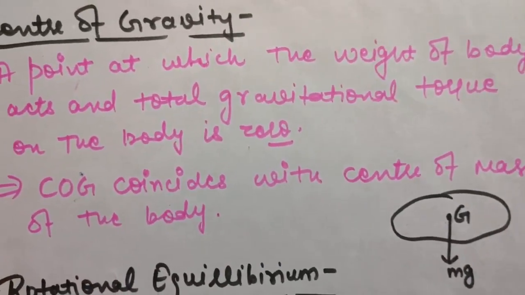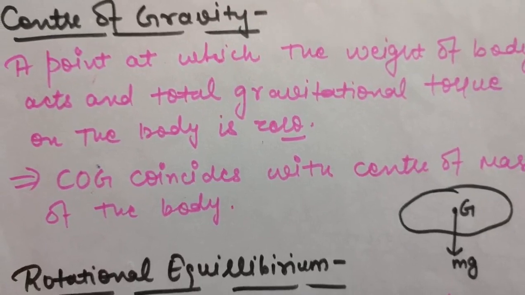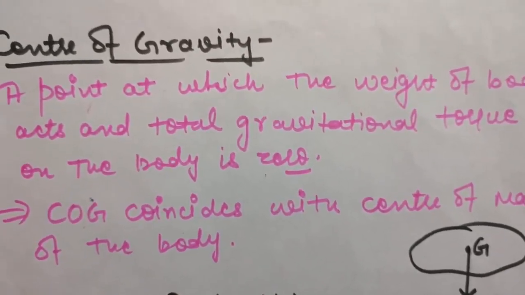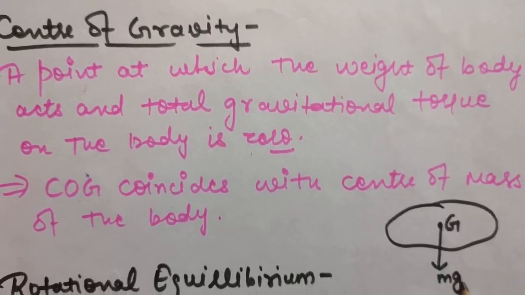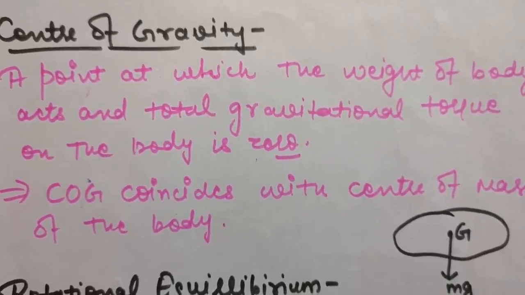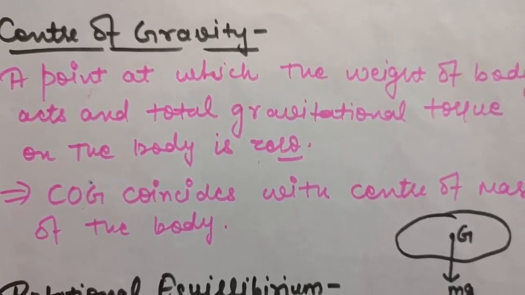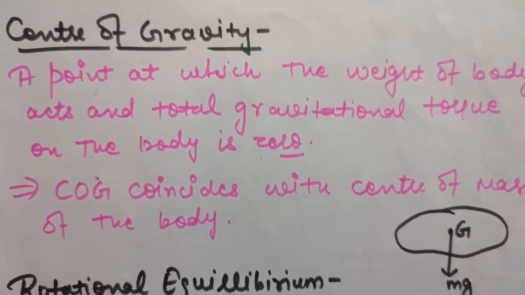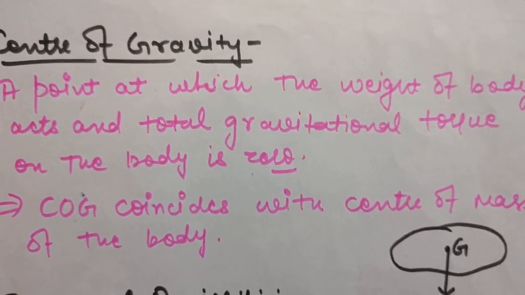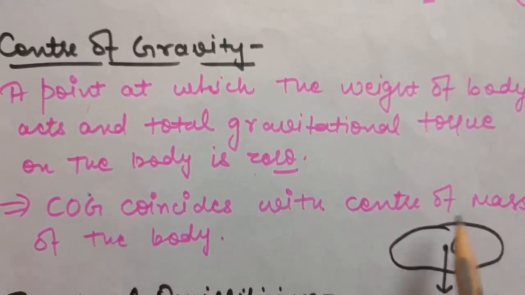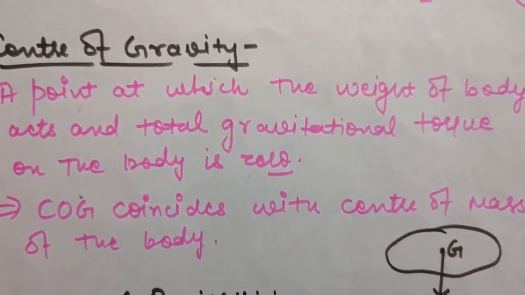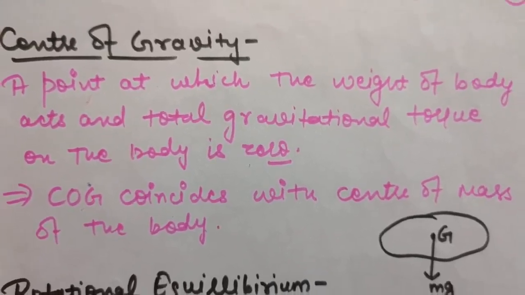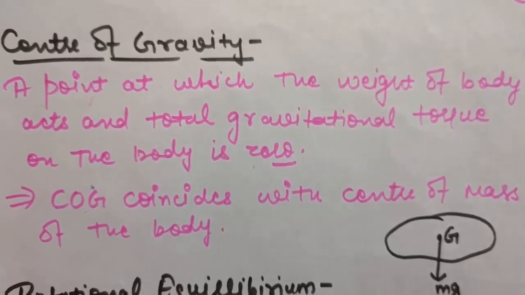It will not coincide with center of mass if g varies from point to point of the body, or you can say if g is different for different parts of the body, and generally that does not happen. So we can say center of gravity coincides with center of mass of the body in most cases, unless g is different for different parts of the body.